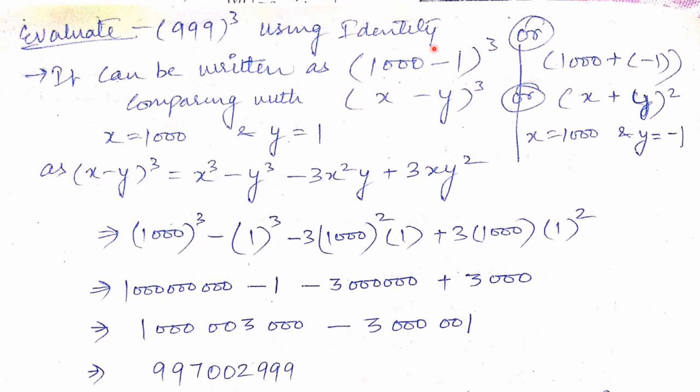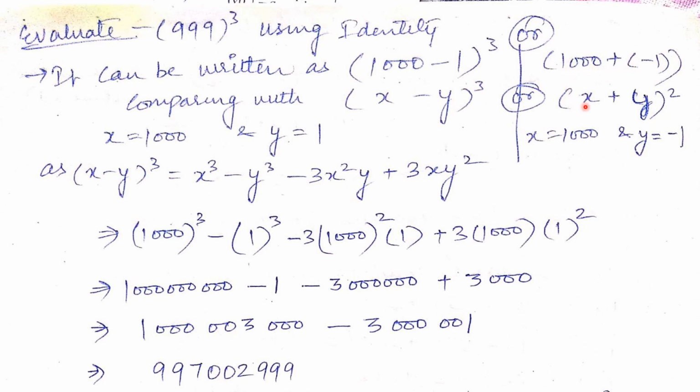How does it look to you? Yes, like the formula of (x minus y) whole cube or x plus bracket minus y whole cube, whichever formula you want. This time I am solving with negative 1 just to show you how to solve. If you want, you can solve like this also. So you can write this as 1000 plus minus 1.